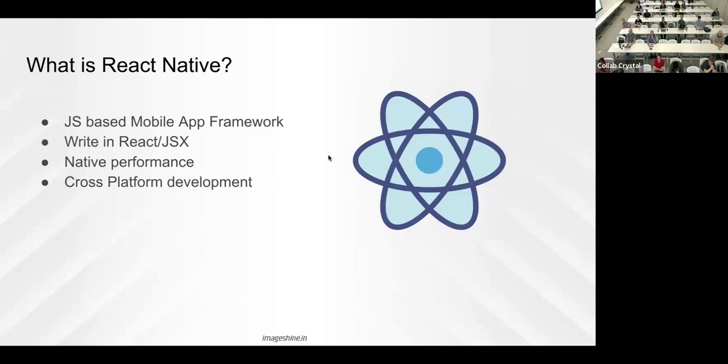What is really good about React Native is that it works as a bridge, and it has its own components, as I mentioned, but internally, it will translate these components into native code for iOS or for Android. That allows us to have cross-platform development.